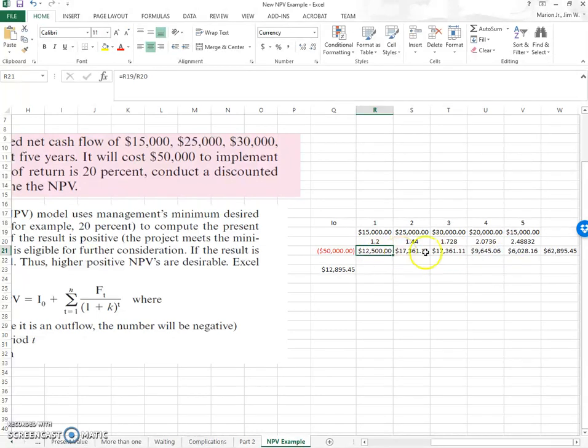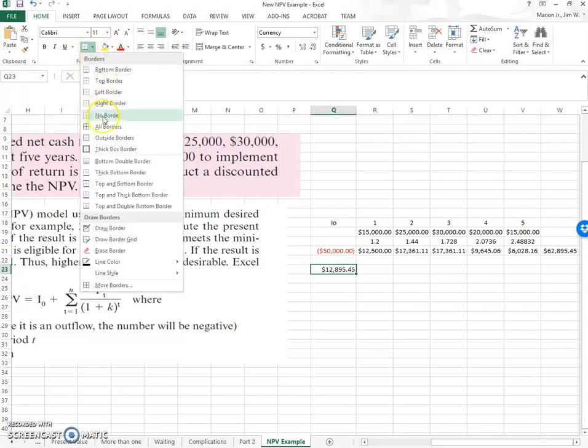Now I'm going to sum them. So I take each of these future cash flows that are discounted to the present and sum them up, in which case I've got 62,895. Now, to calculate the net present value, I take that number and combine it with the initial outlay, and now I have a total, and that total is 12,895 and some change.